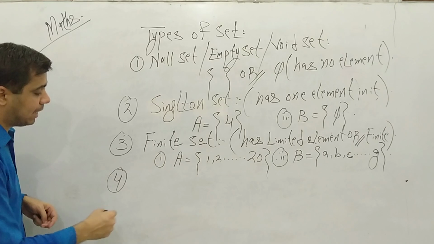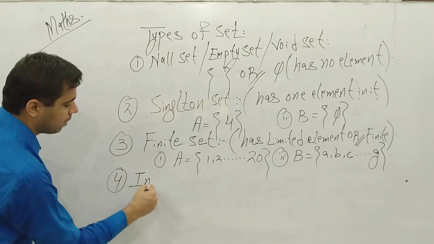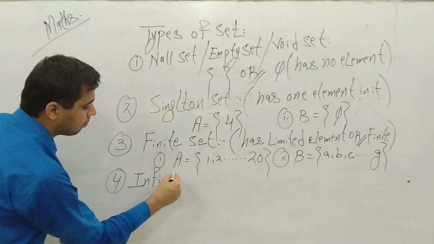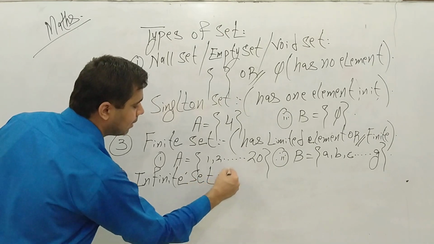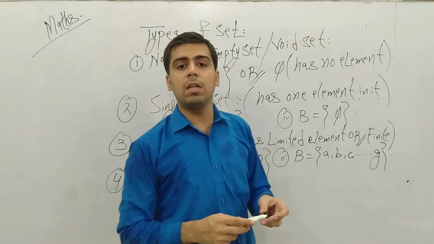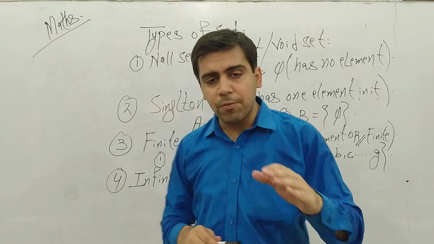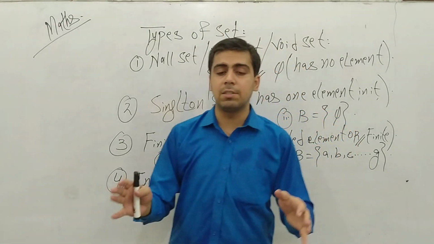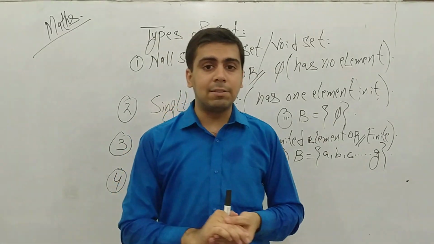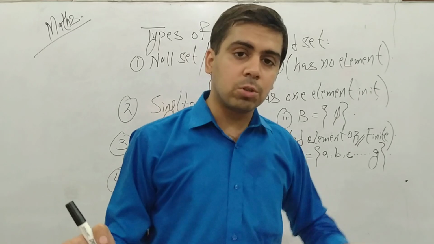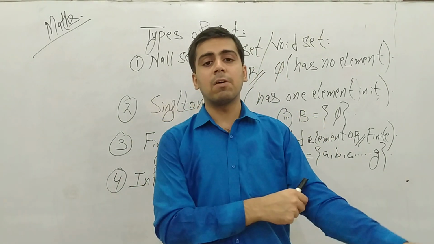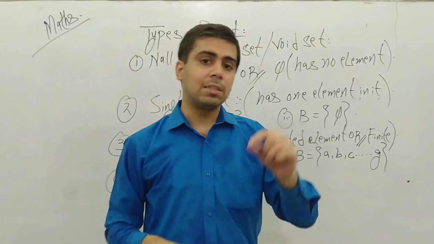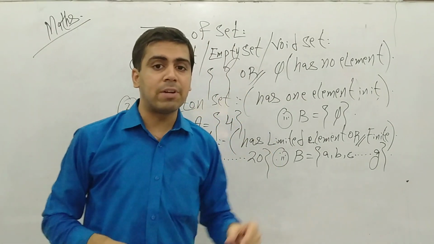The fourth type of set is the infinite set. My students, an infinite set is that kind of set which has an unlimited or infinite number of elements present in it. In other words, you can also describe it this way: a set which possesses no limit or range of elements is known as an infinite set.